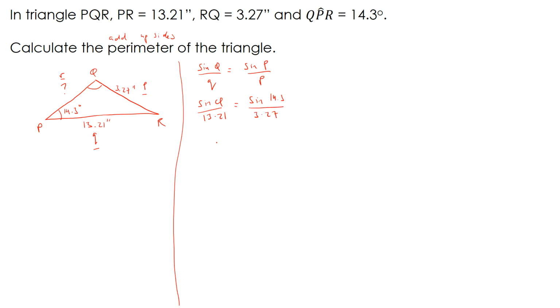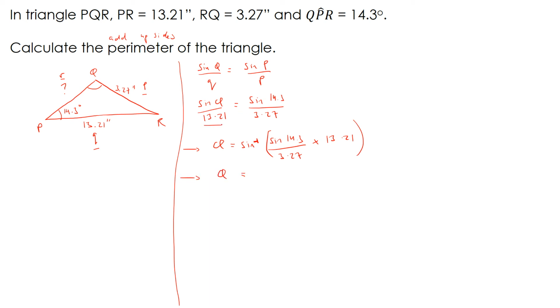I'll take a little shortcut now, okay? Hopefully you understand this. If you see it in 2 steps, to find angle Q, remember I would do sine 14.3 over 3.27 times 13.21. But remember, I would also need to take the inverse sine. Remember, take the inverse sine of this here. I'll do it in one line to speed things up, okay? Hopefully that makes sense.